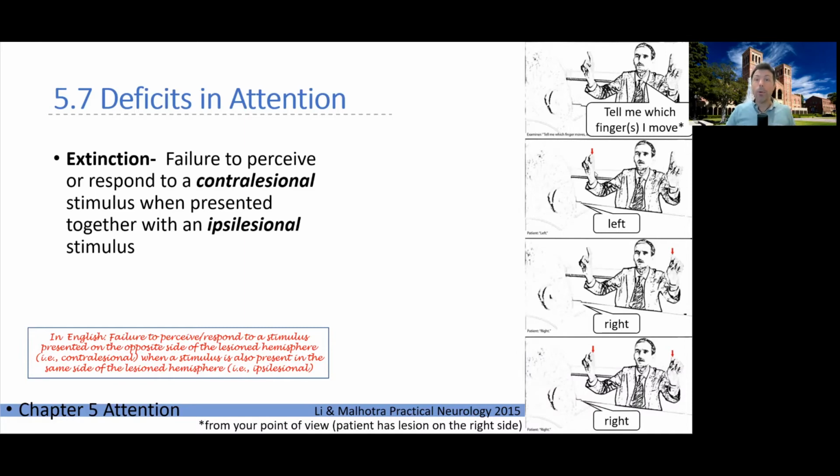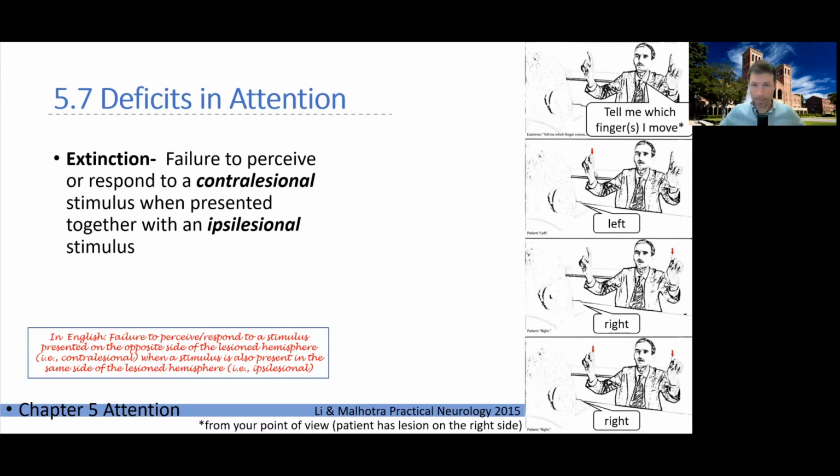So in this sense, it's called extinction because you can see just fine a stimulus in either the contralateral or in the ipsilateral visual field if they're presented by themselves. However, if there is a stimulus in the ipsilateral field, let's say in the good side, then if you present one in the bad side, the one in the bad side doesn't get seen. So the one in the ipsilesional side, the one on the good side, extinguishes the one on the bad side.